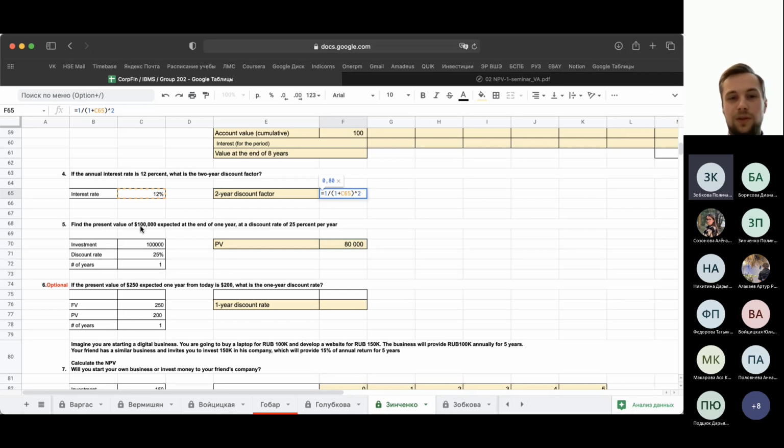If your discount rate is 25% per year, what is the present value of this investment? Let's calculate it.